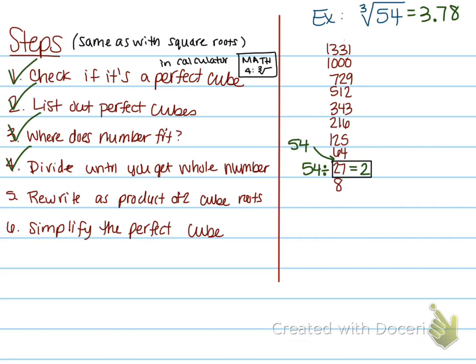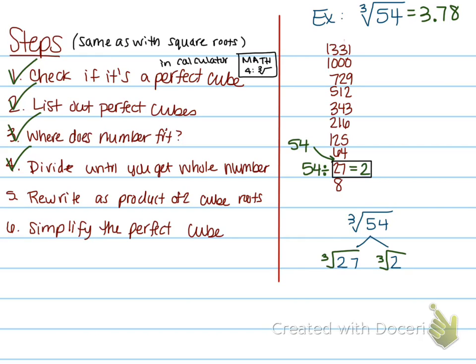My next step is the same as when I did square roots. I'm going to take my cube root of 54, and I'm going to separate it into 27 and 2. Because 54 had a cube root symbol on it, I need to put both 27 and 2 in cube roots. Don't forget the 3. If you forget that 3, your answer is wrong.